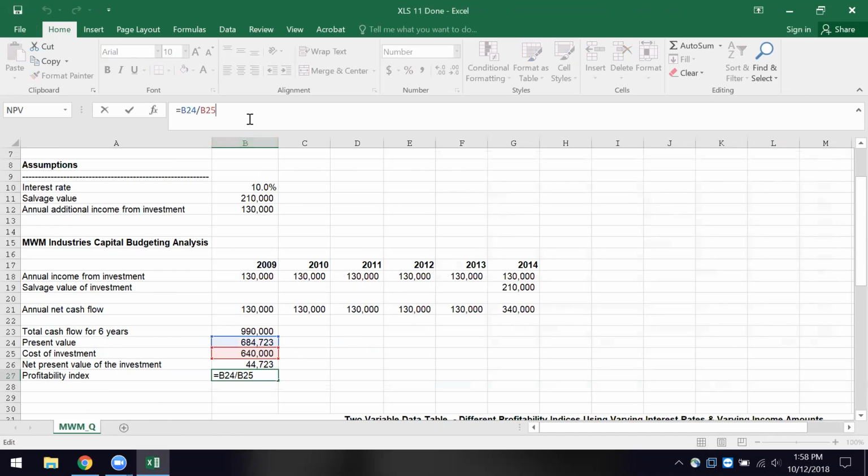Let's look at this for a moment. In the profitability index, I think we'd earlier done some accounting ratios and financial ratios. Ratios clean up data. They take out the distortions of scale.